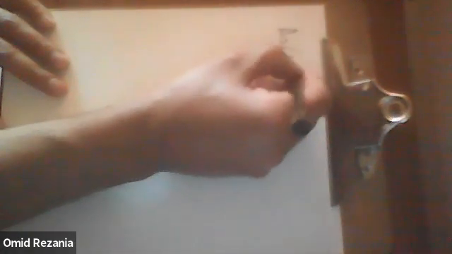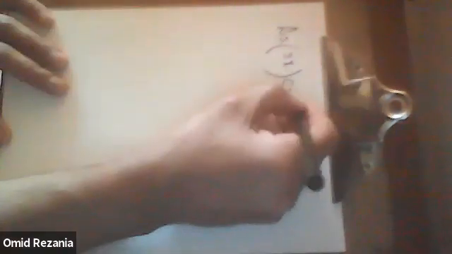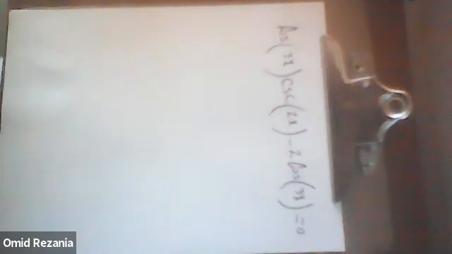I'm just going to have this one, which is cosine of 3x times cosecant of 2x minus 2 times cosine of 3x equals 0.